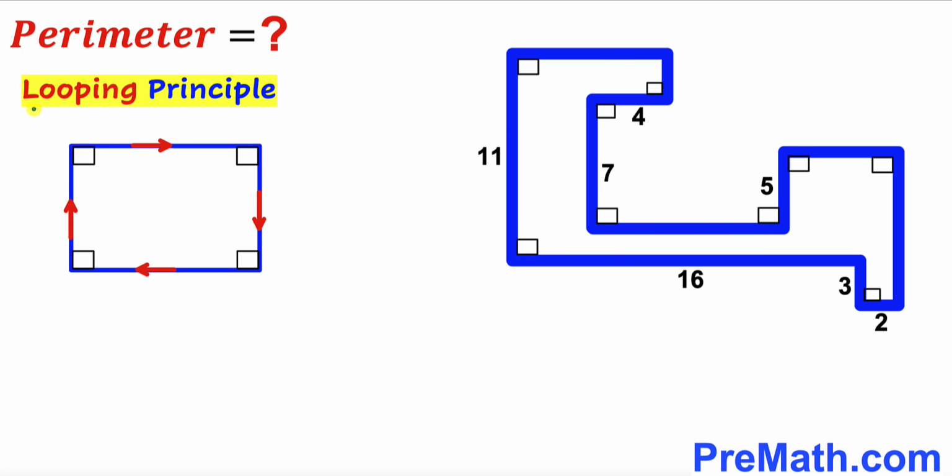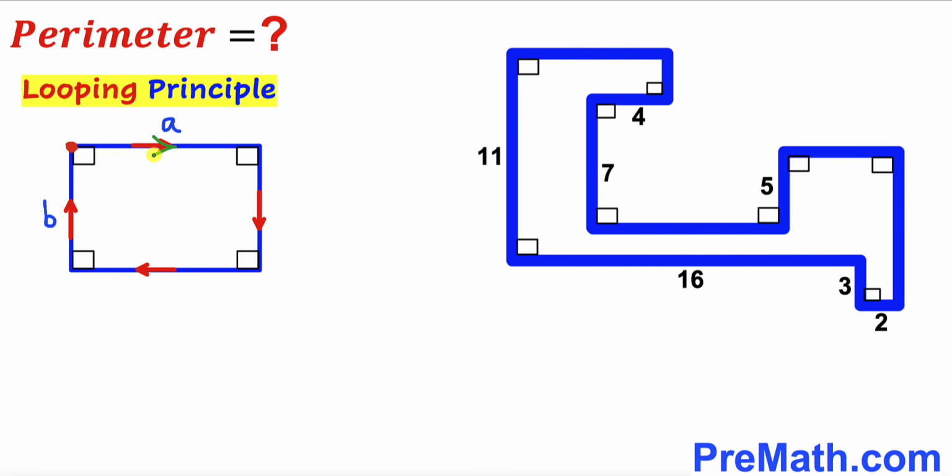So therefore, let's talk about the looping principle. And let's focus on this rectangle. All the interior angles are 90 degrees each. And now we are going to calculate the perimeter of this rectangle. If this side length of this rectangle is lowercase a and this side length is lowercase b. Now we are going to start off from this initial point, and we're going to go from left to right.